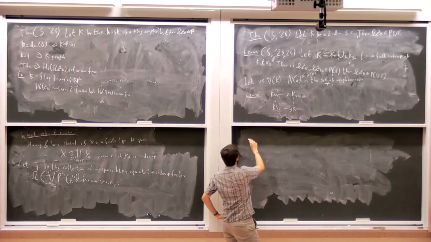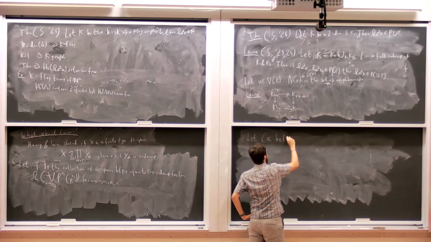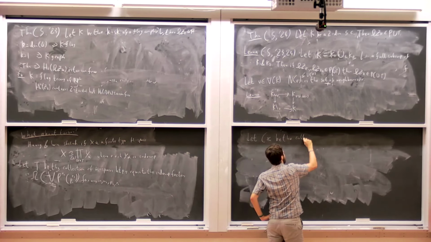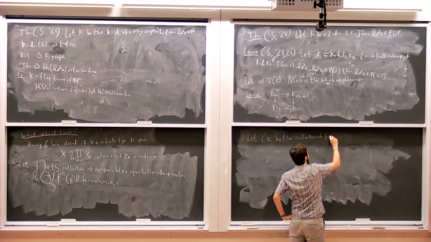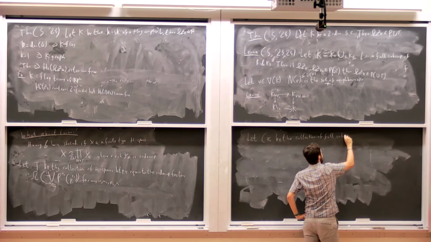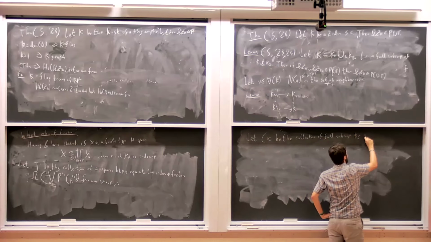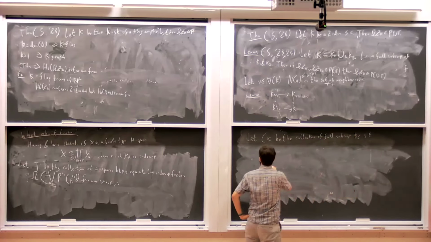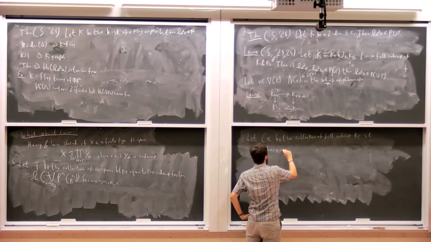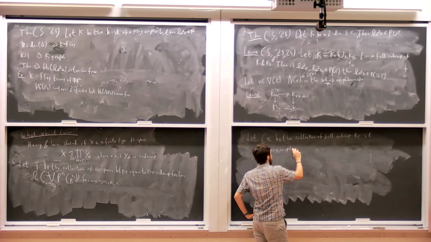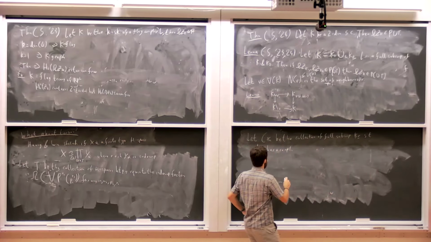If we have a simplicial complex K, we'll let C_K be the collection of full subcomplexes K_i such that K_i has a complete one skeleton. So every vertex in the one skeleton is adjacent to every other vertex within your one skeleton.